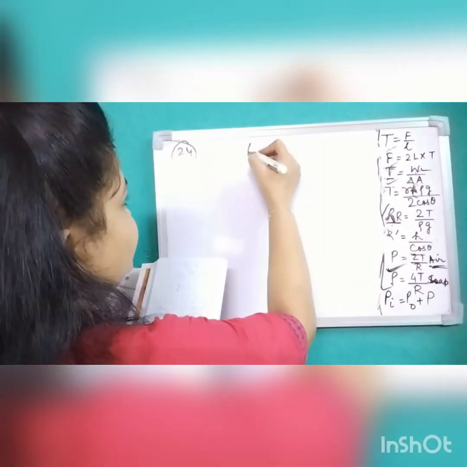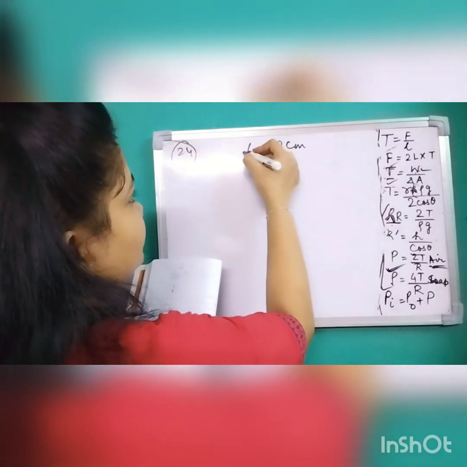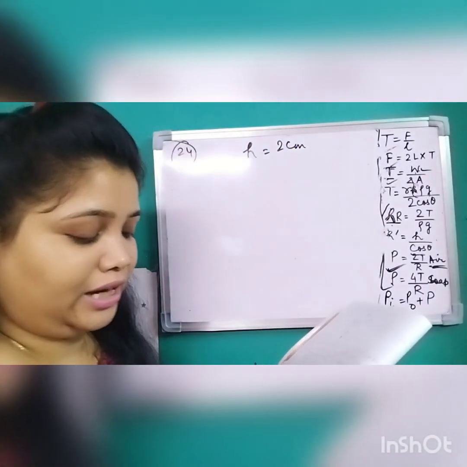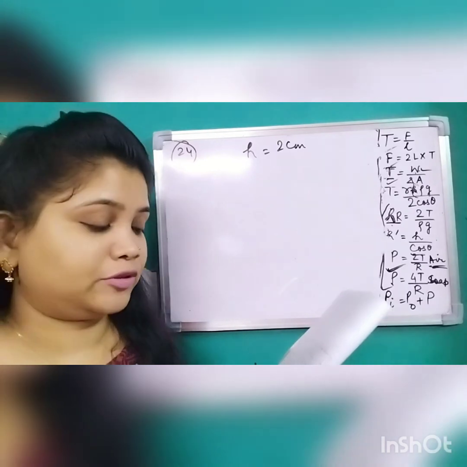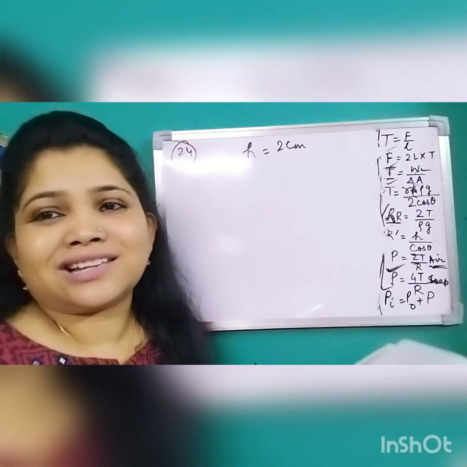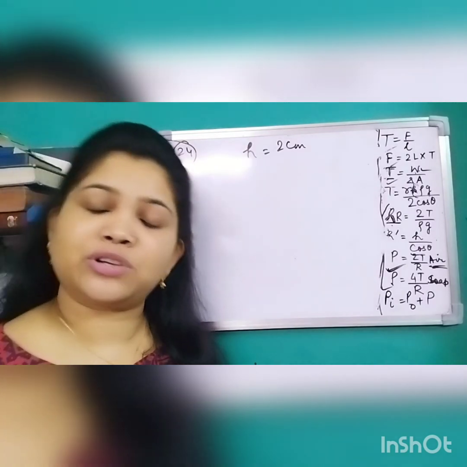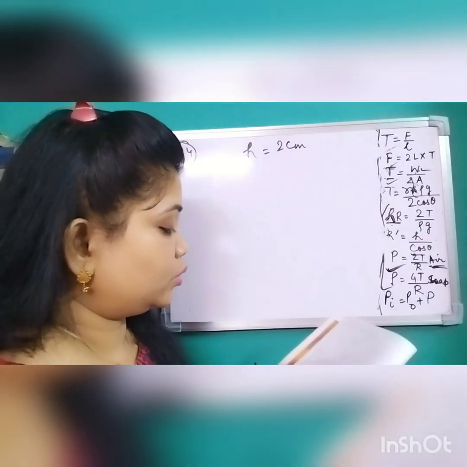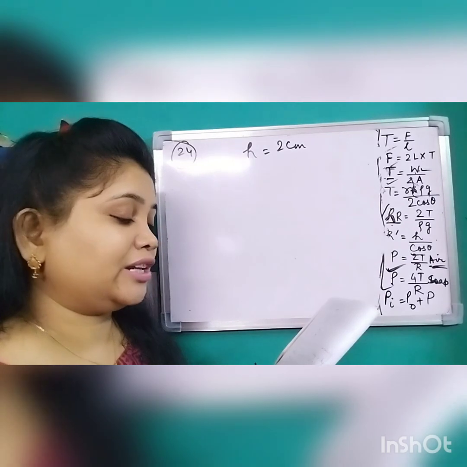So H is given as 2 centimeter. I'm not converting it now; if required, I'll convert it afterwards, because in this type of sum theta is given over here, so you need not convert, you can keep it as it is. So it is 2 centimeter, capillary tube of length 20 centimeter.